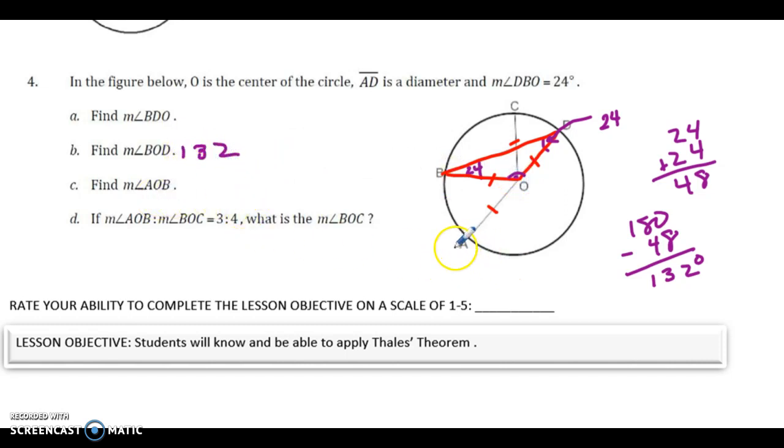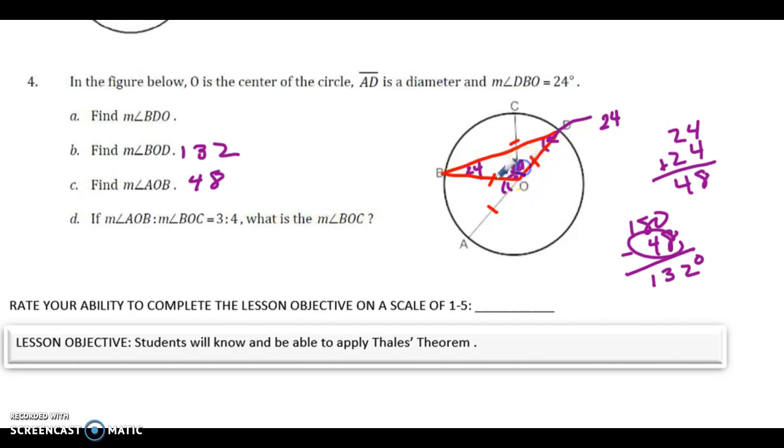Okay, AOB, that's my next one. If I've got this as 132, these form a straight line together, and so you're just going to subtract that from 180, which we just kind of did the opposite of, so that's 48. My next question says AOB to BOC is 3 to 4. What's the measure of BOC? Let's look where BOC is.